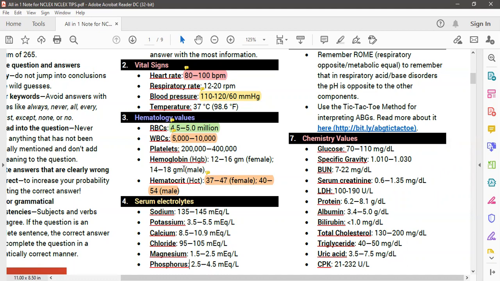Hemoglobin also transports oxygen to the tissue and carbon dioxide back to the lungs from tissue. The red blood cells are made up of hemoglobin. If this is low, always we should think iron deficiency anemia.